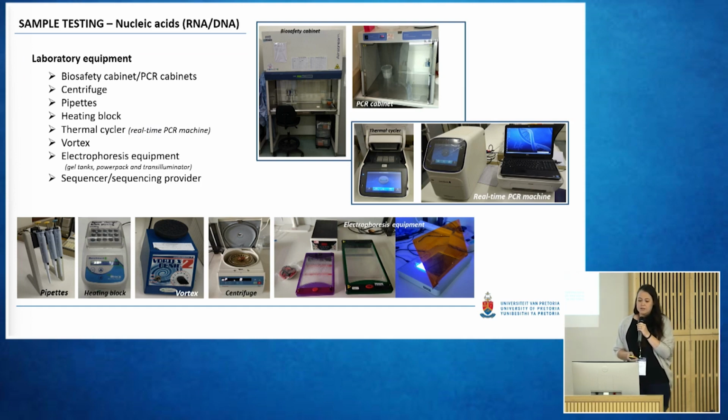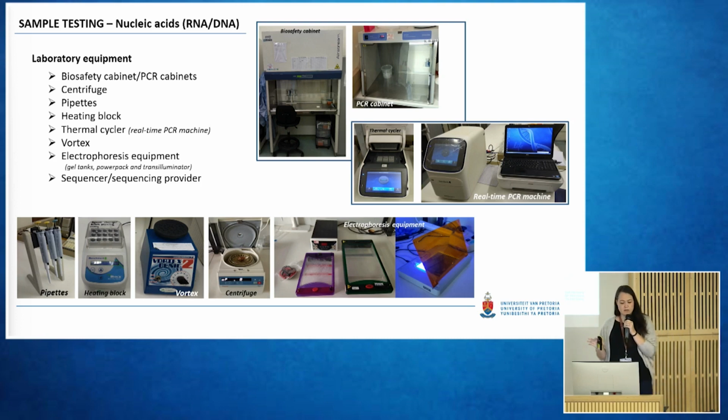Some laboratory requirements. When you enter into the lab and you want to start testing the samples, there are a few equipment and things that you will require in the laboratory. That is a biosafety cabinet or PCR cabinets where you can do your work, centrifuge, a pipette, a heating block, which are some of the things that we also require in the field, and then a thermal cycler, which can be a regular PCR machine or a real-time PCR machine.